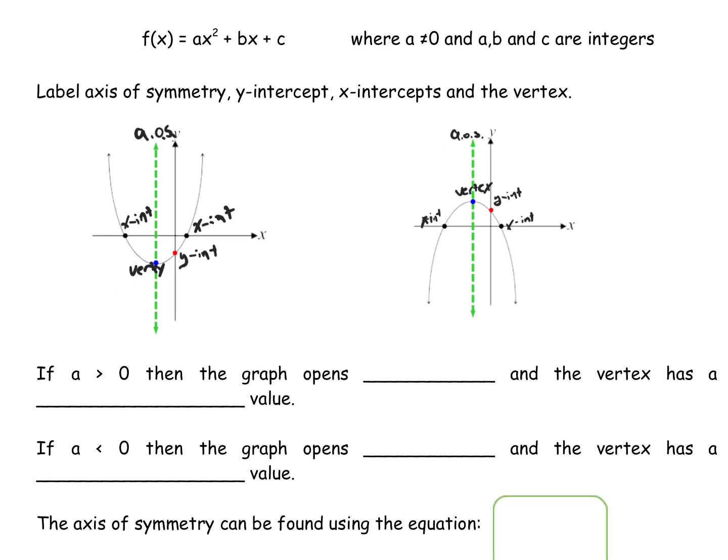If the graph opens upwards, it means that as x goes towards negative infinity or positive infinity, f of x is going up towards infinity, and the vertex is a minimum point. If the parabola opens downwards, so the end behavior is going down towards negative infinity, the vertex is a maximum point.